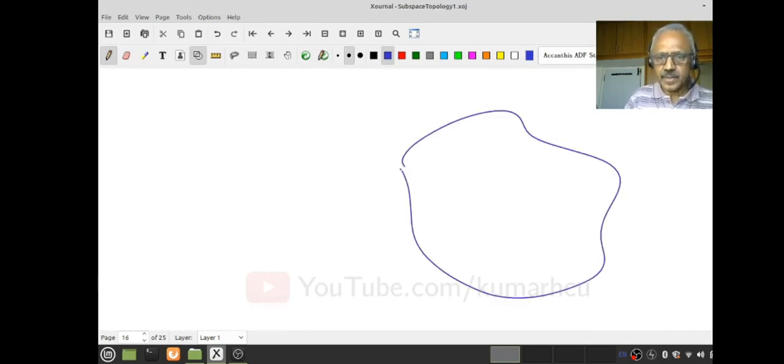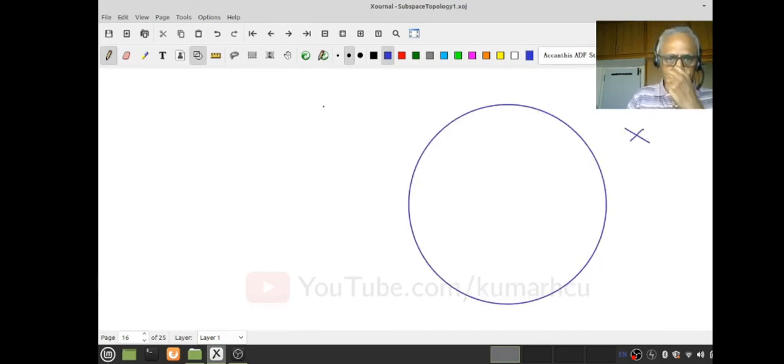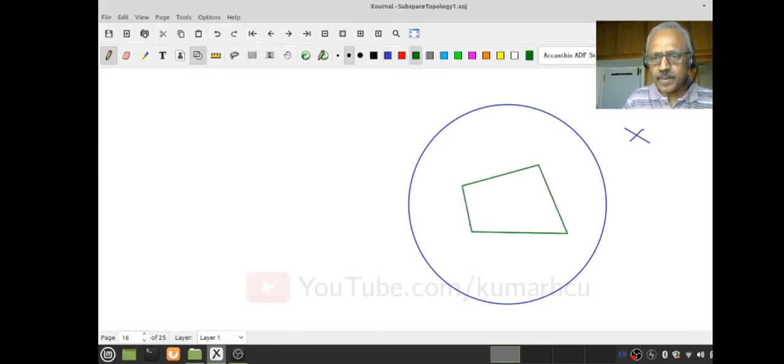So this is my X. I didn't want it to be a circle, but it happened. Now suppose this is my A. Right, now suppose I take my a here. Now B(a,r) will be this.